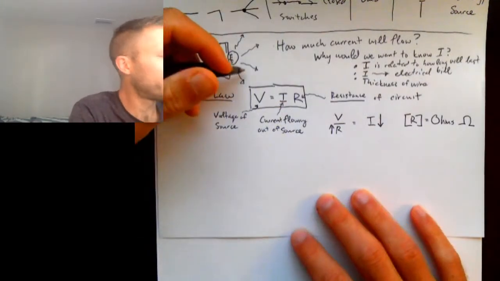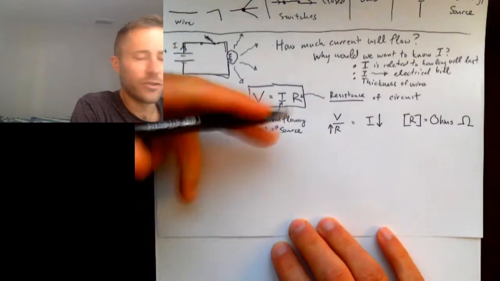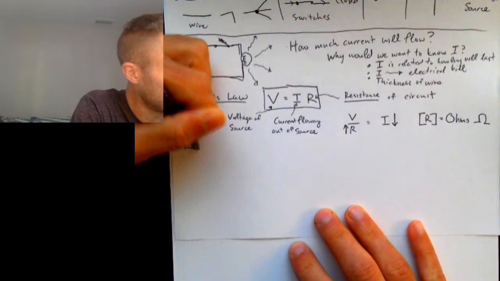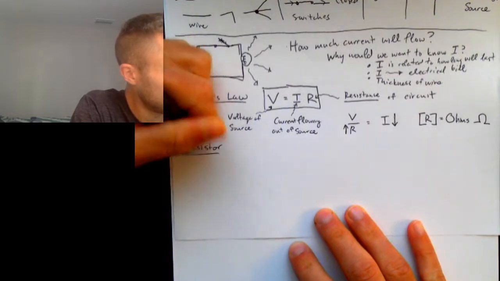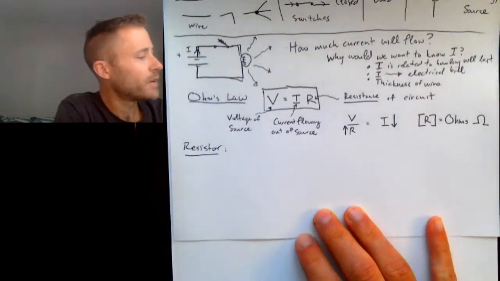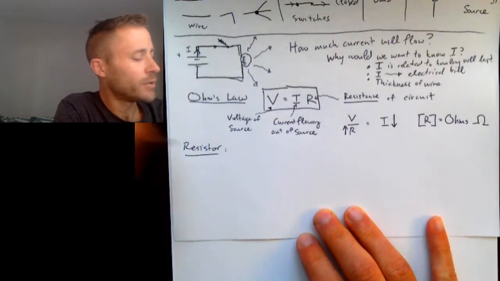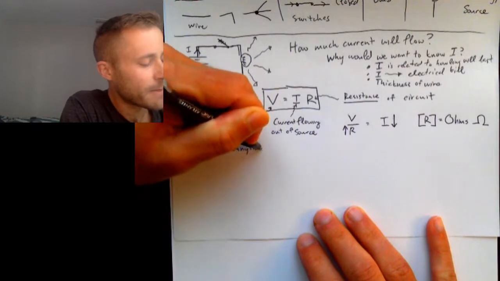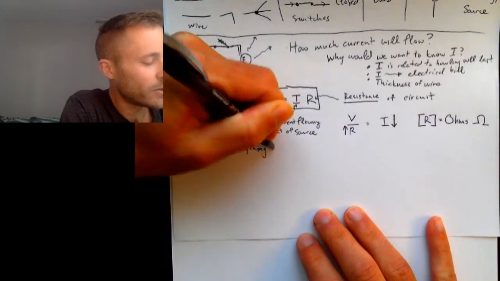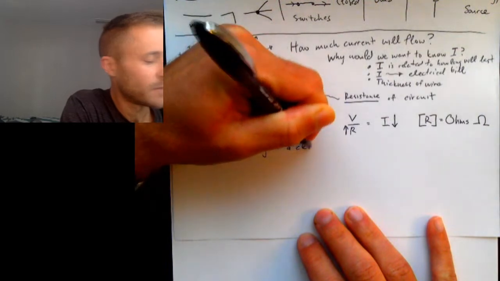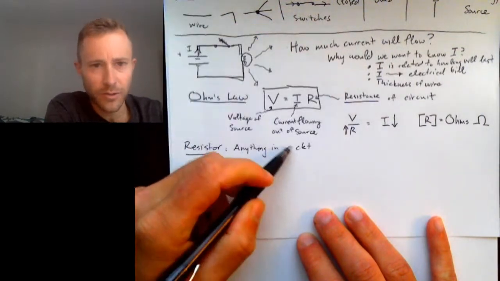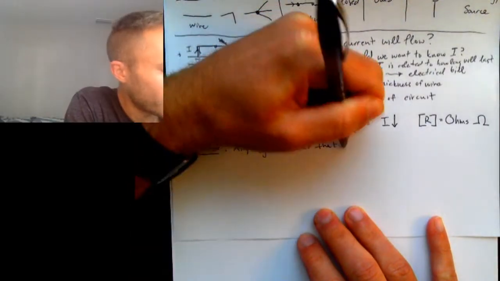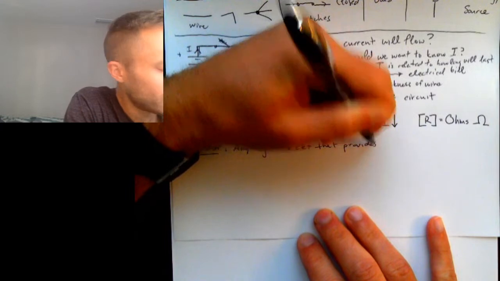All right, so there is something called a resistor. Okay? And a resistor is anything in a circuit, I'll abbreviate circuit with CKT oftentimes, that provides resistance.